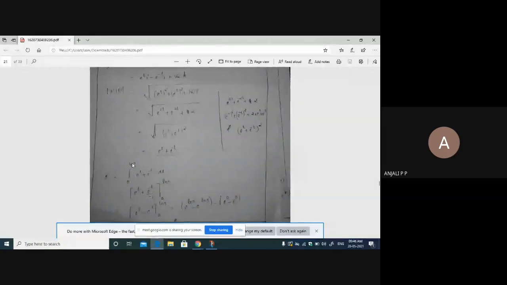The integral of e raised to t is e raised to t itself, plus the integral of e raised to minus t, which is e raised to minus t divided by the coefficient of t, that is minus 1. Then giving the lower limit and upper limit, you'll get e raised to log 3 minus e raised to minus log 3 minus e raised to 0 minus e raised to 0.